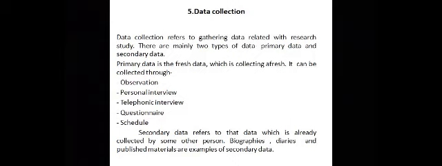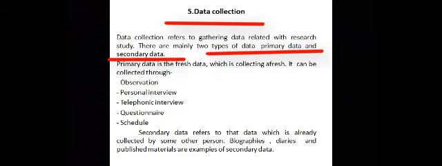The fifth process of research is data collection. Data collection refers to gathering data related with the research study. There are mainly two types of data, primary data and secondary data. Primary data is fresh data which is collected afresh.